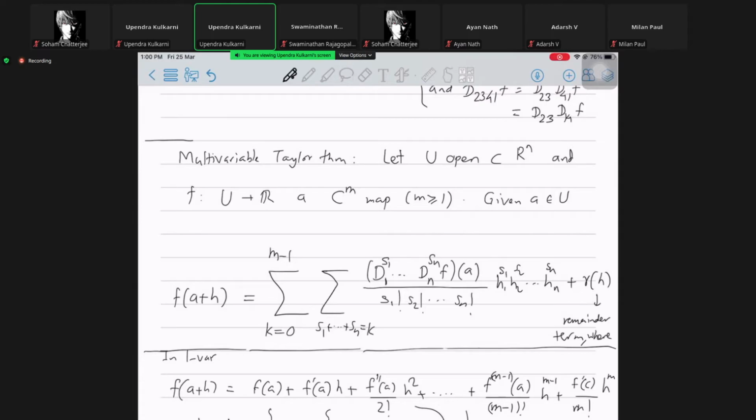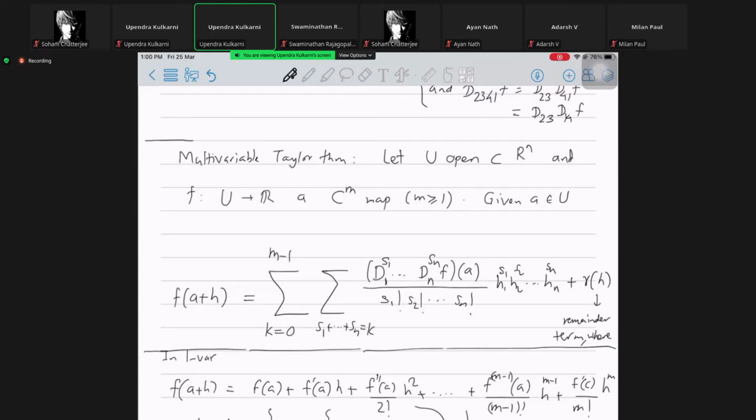I see the proof of this theorem is going to be just a straight application of one variable Taylor's theorem. What am I going to do? I'm going to take the segment joining A and A plus H, and H should lie in U, correct. Now you see the line segment joining A and A plus H. What is that? I can think of this as a map from the closed interval 0, 1 landing into U, correct?